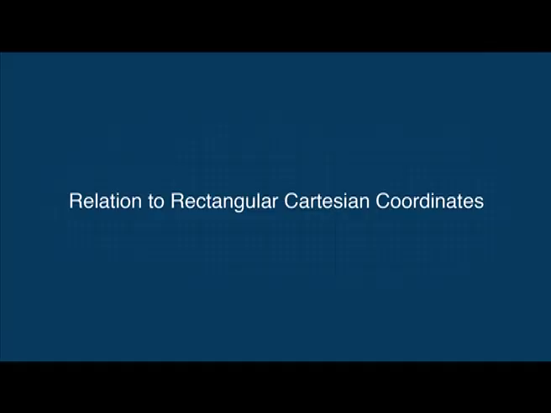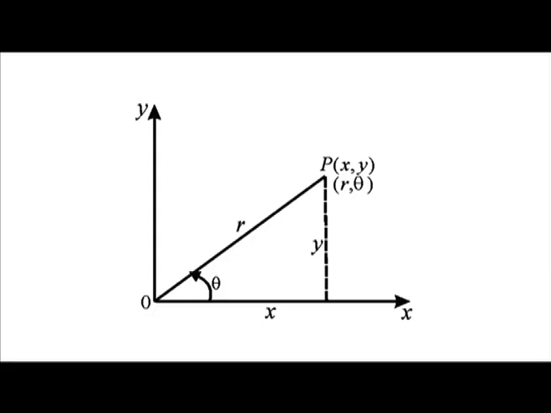Now we consider the relation to the rectangular Cartesian coordinate system. Sometimes converting between polar coordinates and Cartesian coordinates will be useful to handle problems. For this, we suppose that the polar axis coincides with the positive x-axis of the Cartesian system.